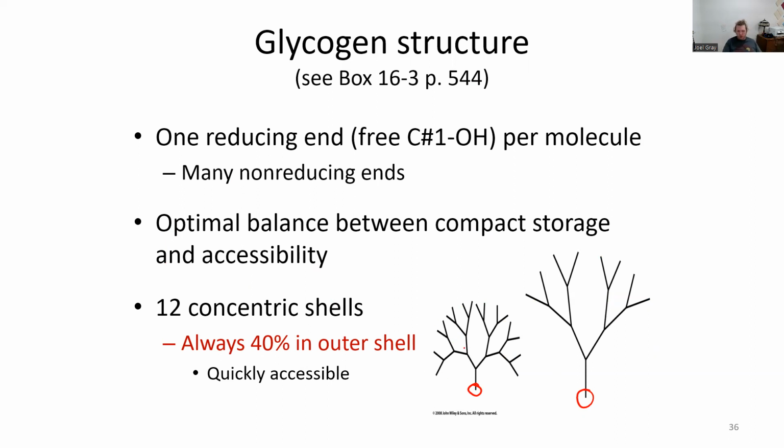Now, of these two models, we've got the one on the left here, which I'm going to label L. 1, 2, 3, 4, 5, 6, 7, 8, 9, 10, 11, 12, 13, 14, 15, and 16 non-reducing ends. So 1 reducing end, 16 non-reducing ends. The number of non-reducing ends is really all related to the number of branch points that the molecule has.